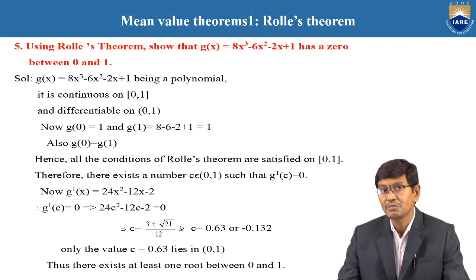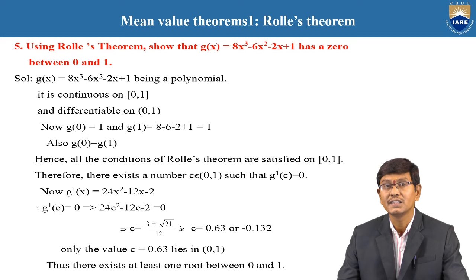Now we need to find out whether g of a is equal to g of b, where a is equal to 0 and b is equal to 1. Therefore, g of a means g of 0, and in the given equation when we replace x with 0, automatically g of 0 is equal to 1.